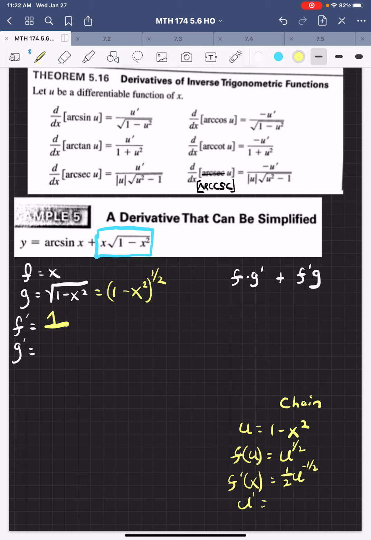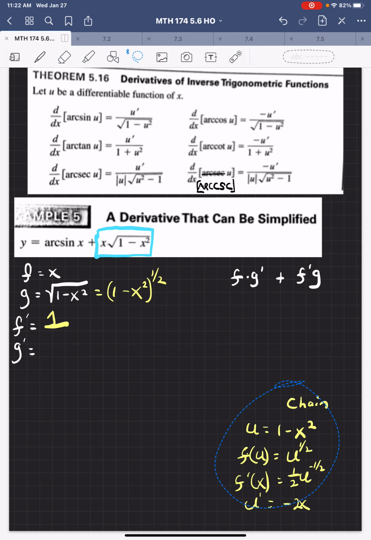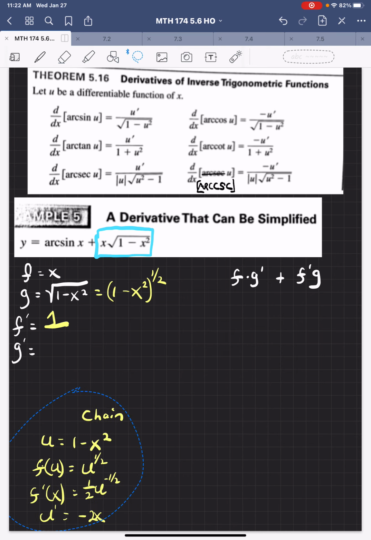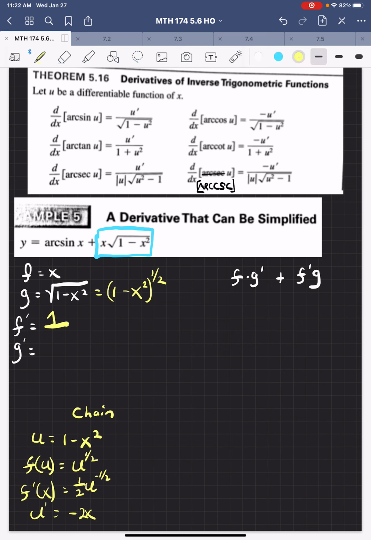And then, of course, u prime, the derivative of u, is just going to be negative 2x. All right, with all that, I can formulate my chain. So the chain is f prime of u multiplied by u prime.